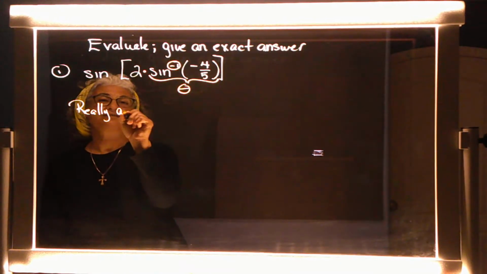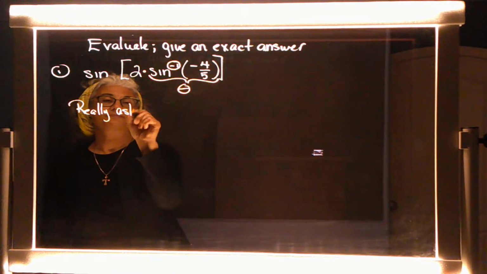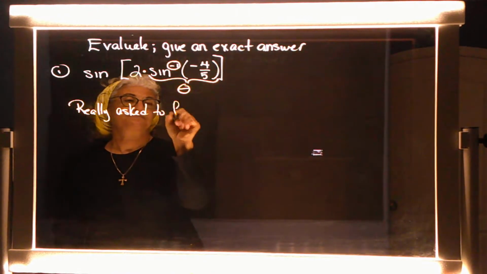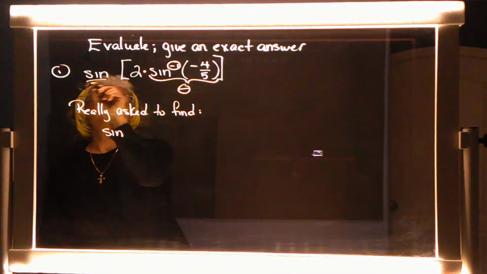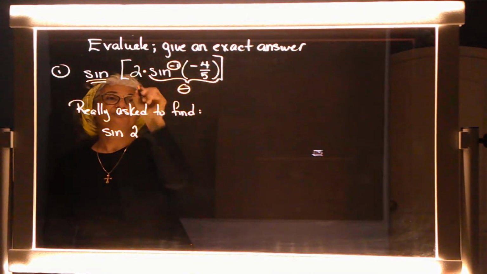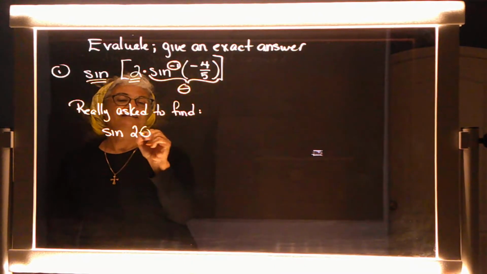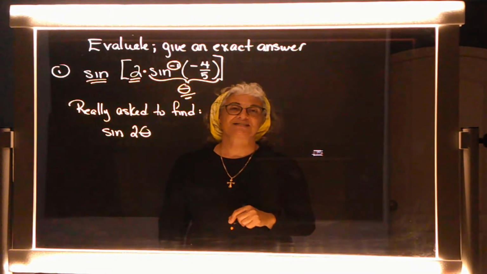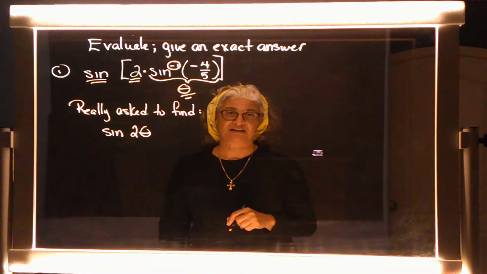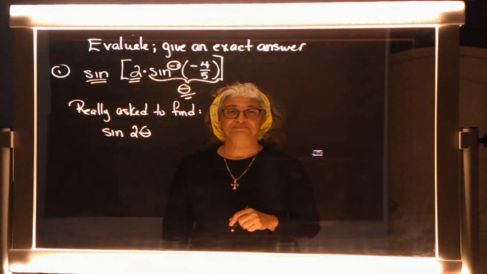which means this whole thing is theta, which means you are really being asked to find the sine of 2 theta. That's what you're really being asked to find, the sine of 2 theta. Good?